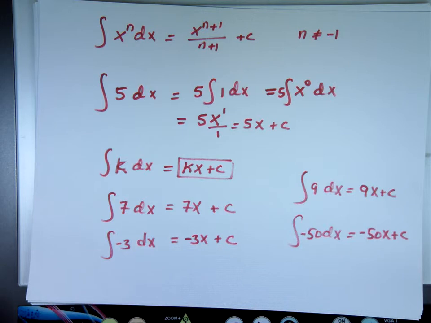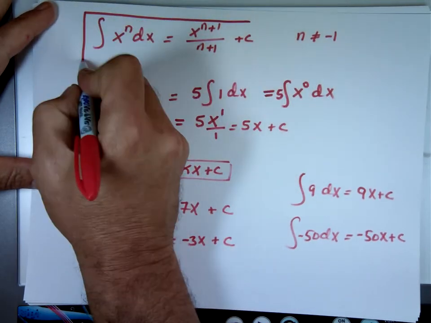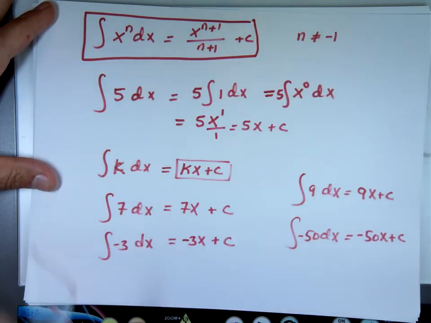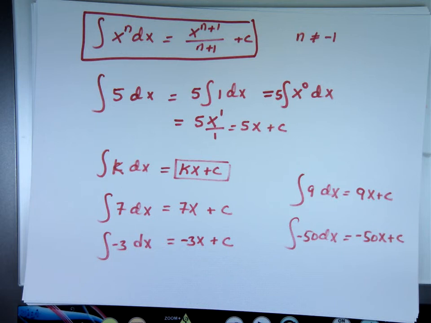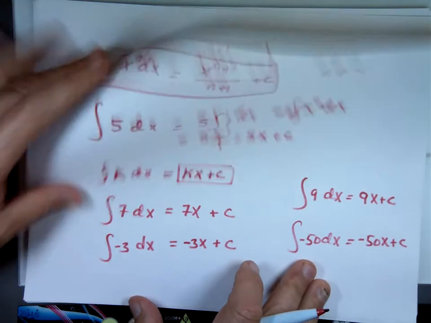Now here's a few of them for you to try. Remember, that's the only rule that we can use as of now. So when I give you a problem, you've got to make it look like this. You've got to think about it. How can I make it look like that?